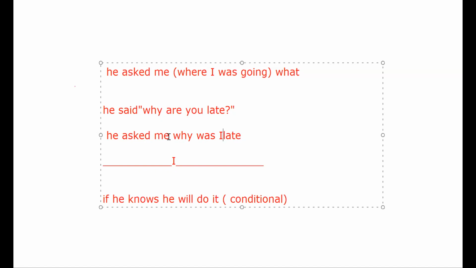He asked me, and this is a secondary idea. Take it for granted, any secondary idea is always conjunction, subject, verb. But here, what do I have? Conjunction, verb, subject. No.